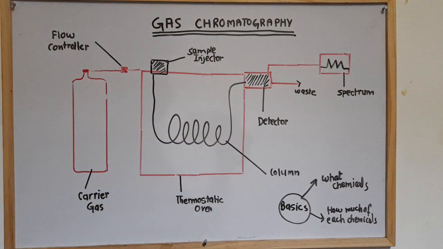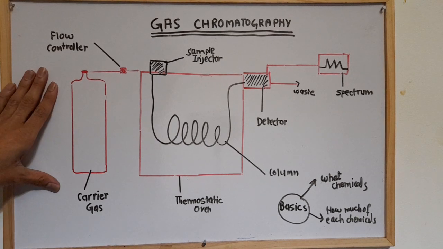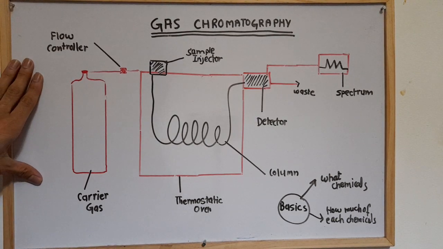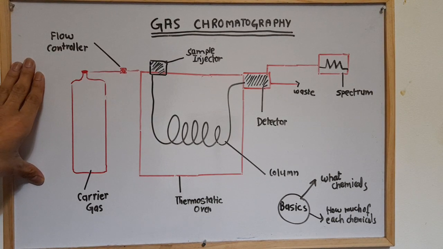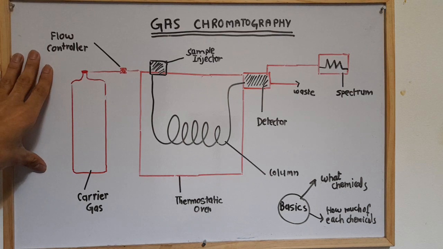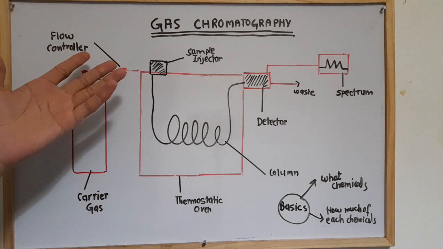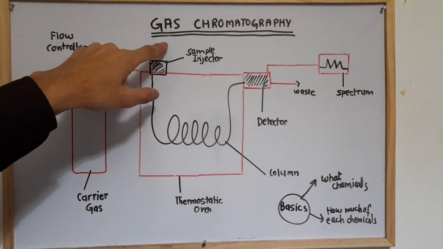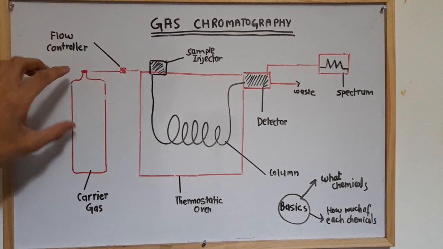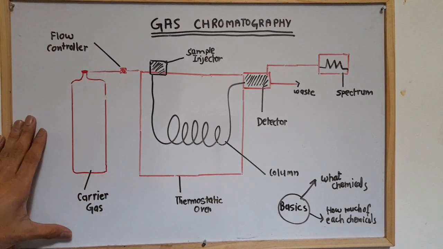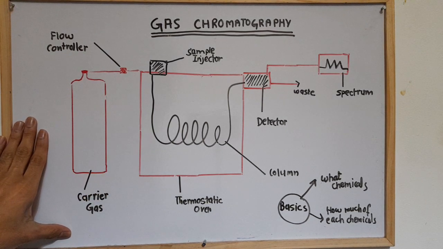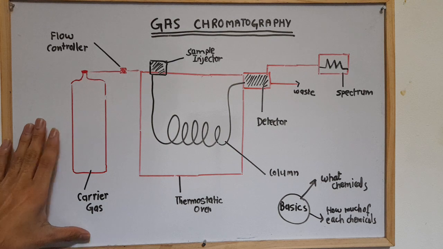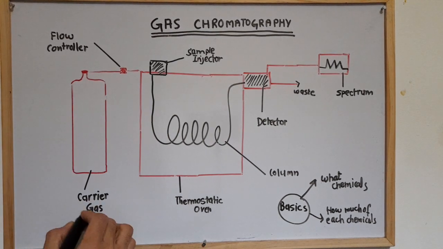gas chromatography. For analysis, for example in quality control, when they are analyzing the components present in any type of medicine, first of all they have to prepare their sample and keep it there. Then there's a carrier gas, as I've already mentioned, helium can be used as the best carrier gas, and it acts as a mobile phase.